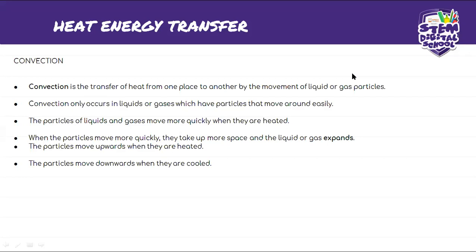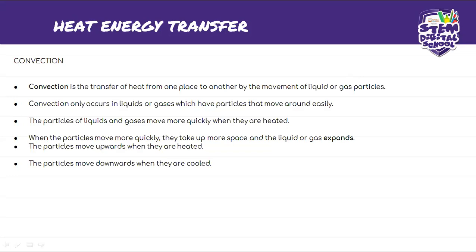Type very fast. Well, the difference between convection and conduction. I'm saying convection current, convection and conduction.